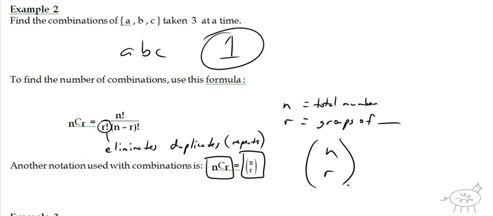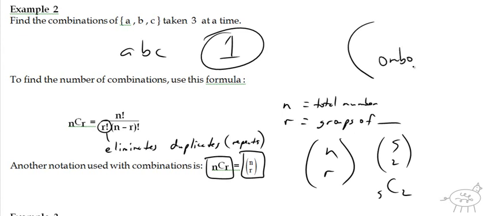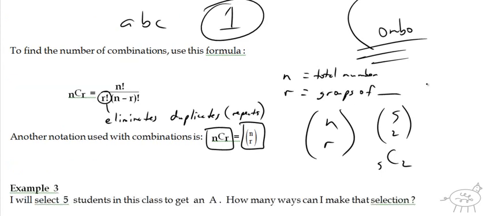I'll write it out a little bit bigger here. n over r. You've got to know that the top number is your n. So if I said 5 over 2, that's like saying 5C2. How do you remember that's a combination versus a permutation? Look at the parenthesis. Doesn't the parenthesis look like a C? So it's a combination. Combo. Not a permutation, it's a combination. So make sure you're good at that.